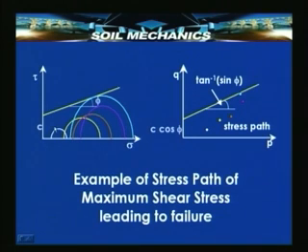Now, if I take the points corresponding to maximum shear stress from each one of these Mohr circles and plot them, you will find the progression of the maximum shear stress during the test from a low value here gradually to a point which sits on the failure envelope, indicating that is the point of failure. So, this is an example of a stress path for maximum shear stress up to failure.